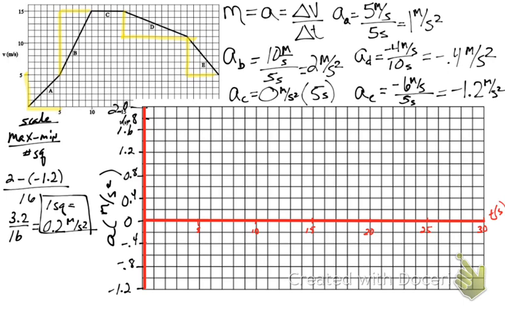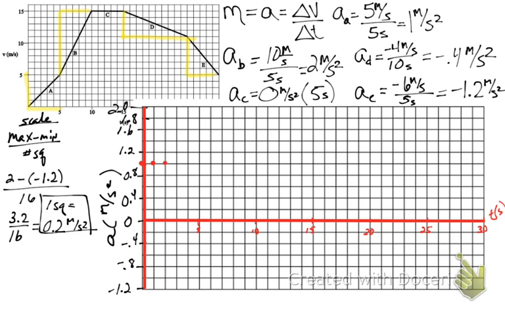So, for segment A, for 5 seconds, it was a constant acceleration of 1. What does a constant line look like? Flat. Okay? So conceptually what's happening is this. At 0 seconds, it was 1 meter per second squared. At 1 second, it was 1 meter per second squared.